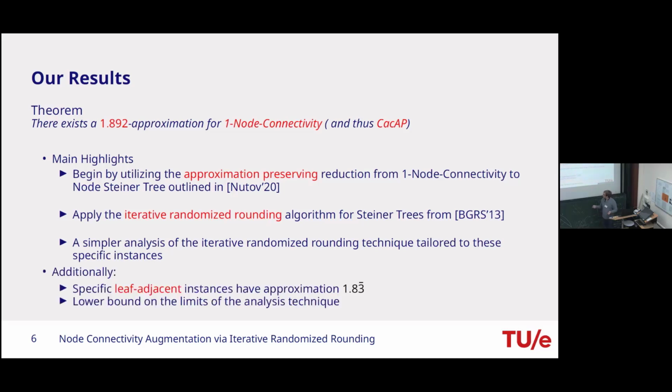As well, we're going to give specific cases which we call leaf adjacent, which is where links have one endpoint guaranteed to be a leaf, and the other one can be anywhere. For this, we give an approximation ratio of 1.83 or H3. We also give a lower bound on this analysis technique for these cases.